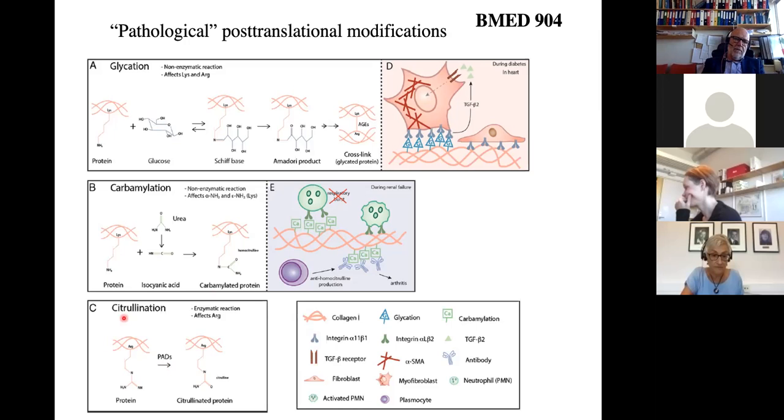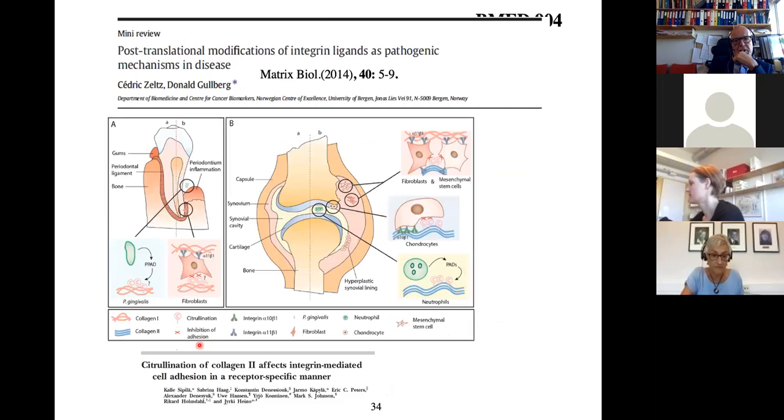Especially the amino acid arginine can be what's called citrullinated, and this affects how, for example, integrins recognize the collagen. We will not go into so much detail here, but that has implications for inflammatory diseases, for example, when cells will behave differently when collagen has been post-translationally modified.